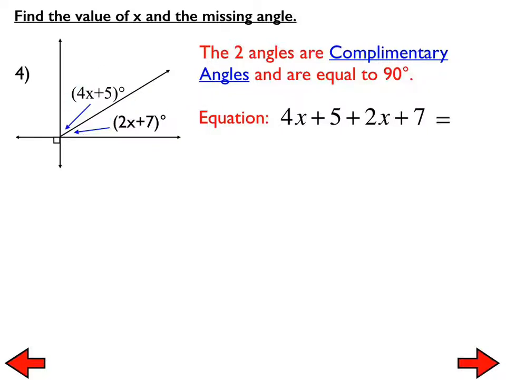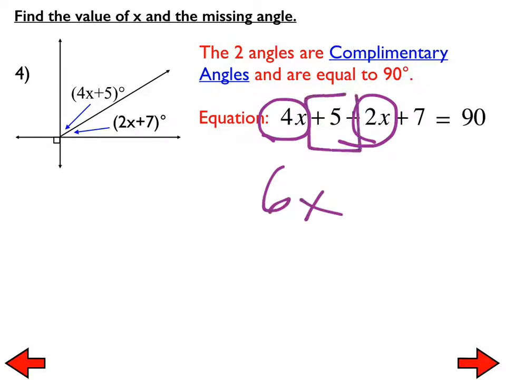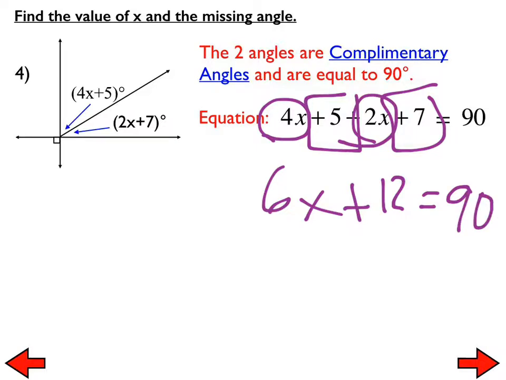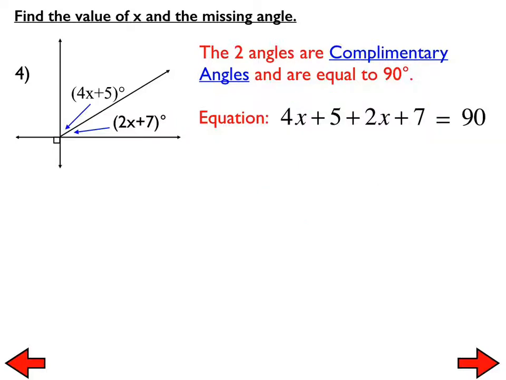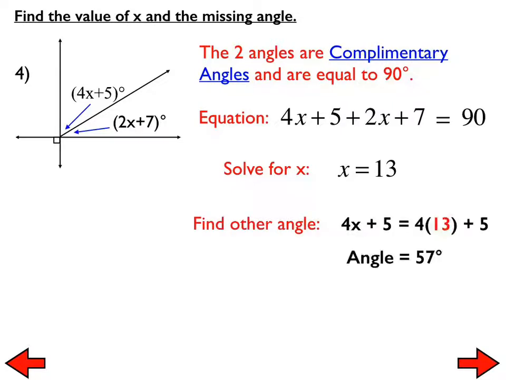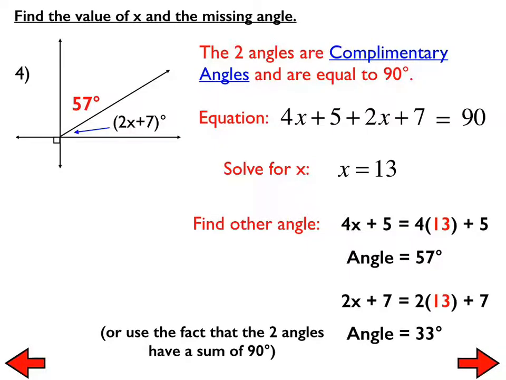So we would have to combine like terms, combining these 2 expressions together, and then our 2 constants together, and then from there you solve because you have a regular 2-step equation. Subtract 12 from both sides, then divide both sides by 6, and we end up with x equal to 13. If we wanted to figure out what either of those angles would be, you would substitute those in, but that's not what we're dealing with right now. We're simply trying to figure out what x would be to make the situation that we need.